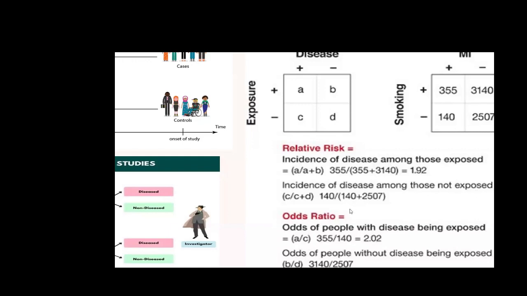So when we divide this, we find the relative risk. That is A upon A plus B divided by C upon C plus D. So this is our relative risk.